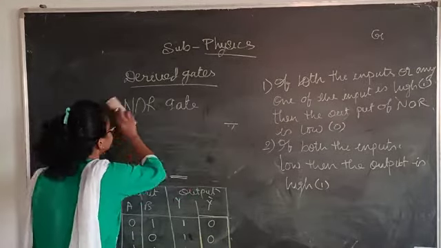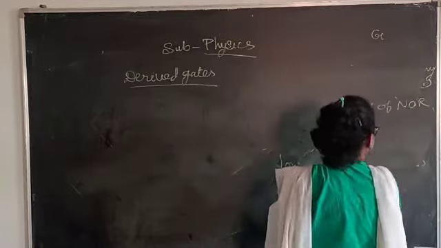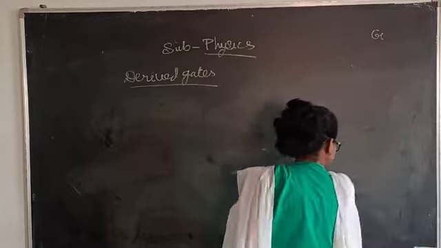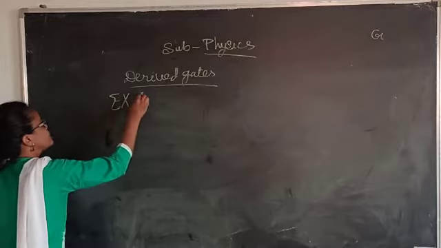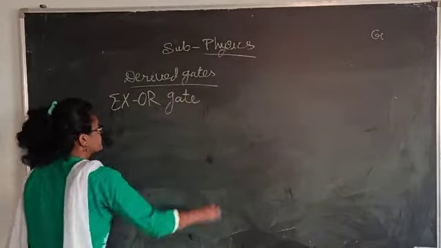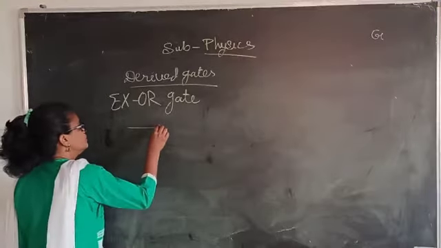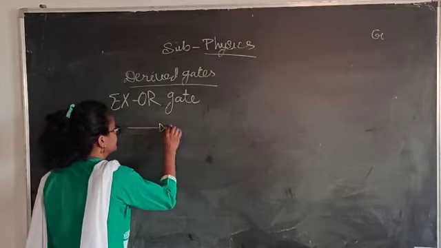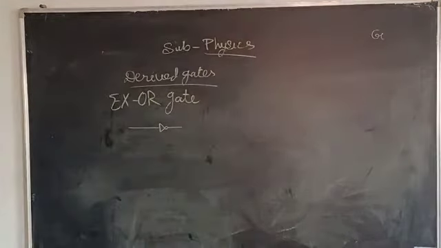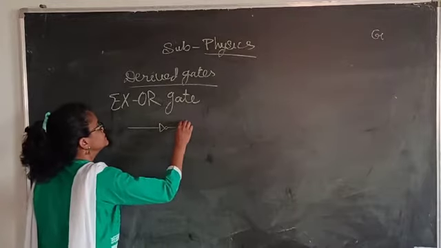Now we will switch to the XOR gate. Let us start with the symbol, and for this we need two AND gates. This is the NOT connected to an AND.